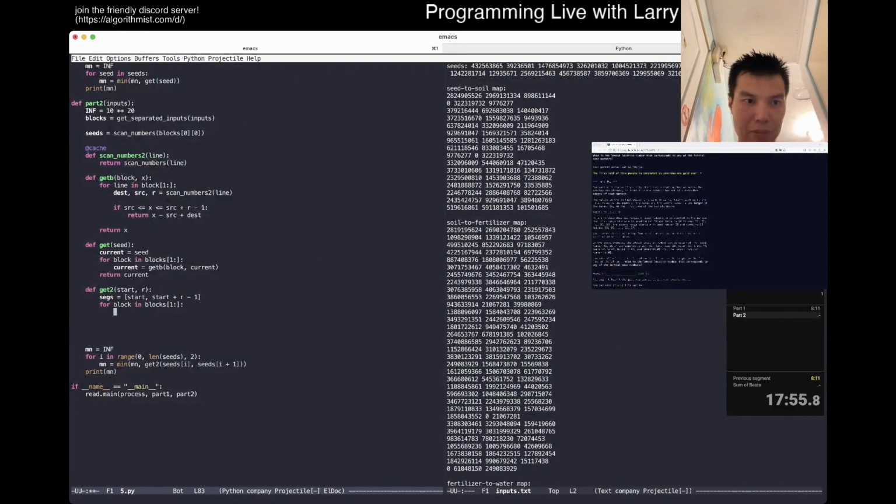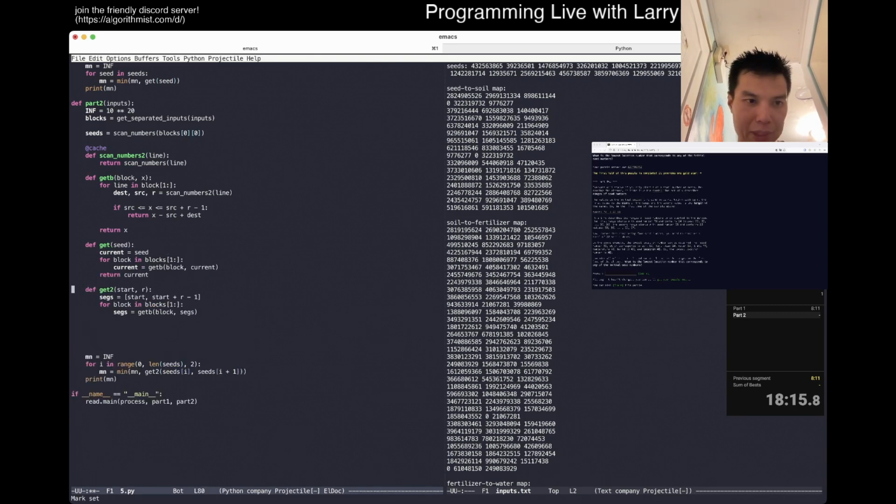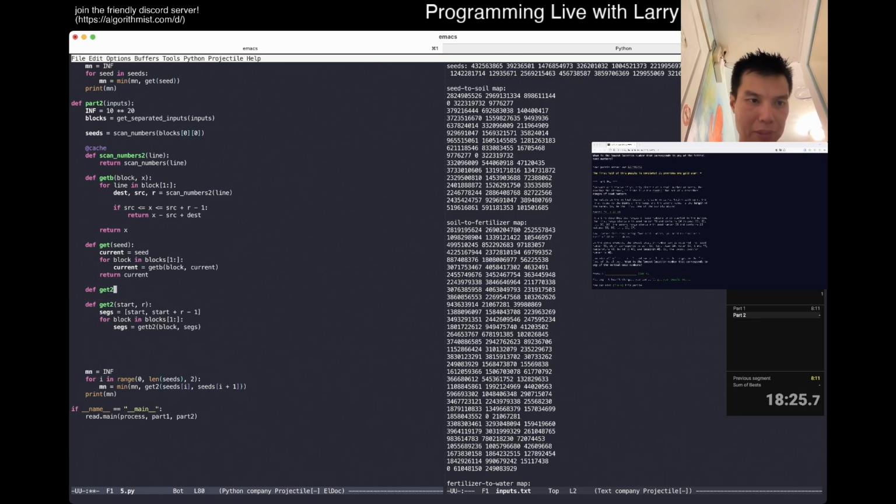Okay, so then now for block and blocks, 6 is equal to get B of blocks X, say. Right, and then now we get all the segments. Okay, how do we do that? Also, I should not remove this. I want to keep this actually. We'll get block 2. So I think I want to keep it for whatever reason. You never know. Block and segments. And then now, what are we doing?